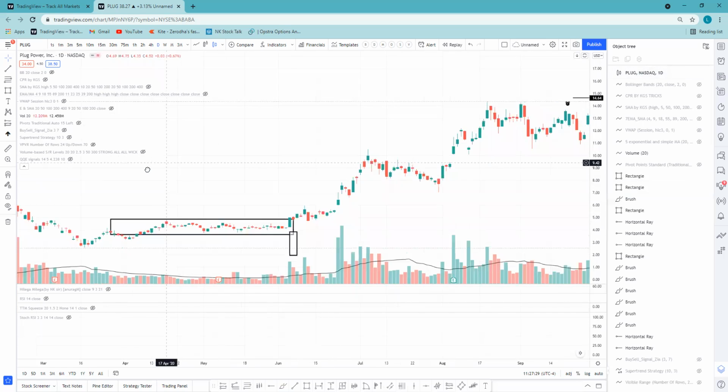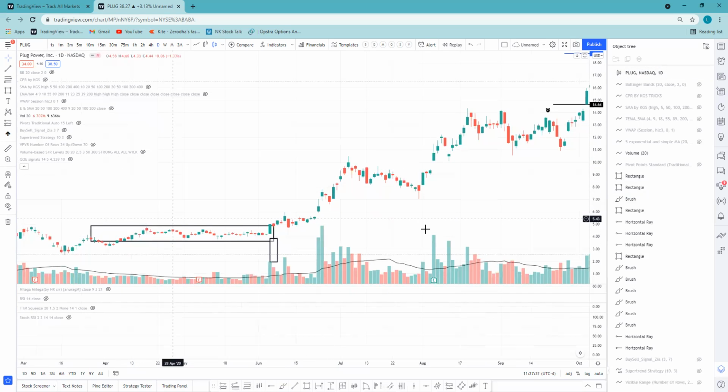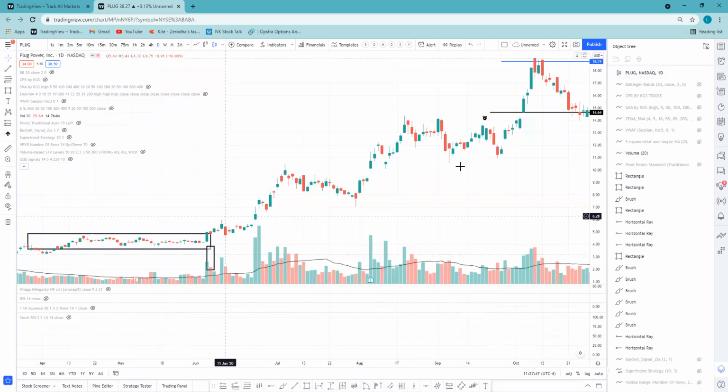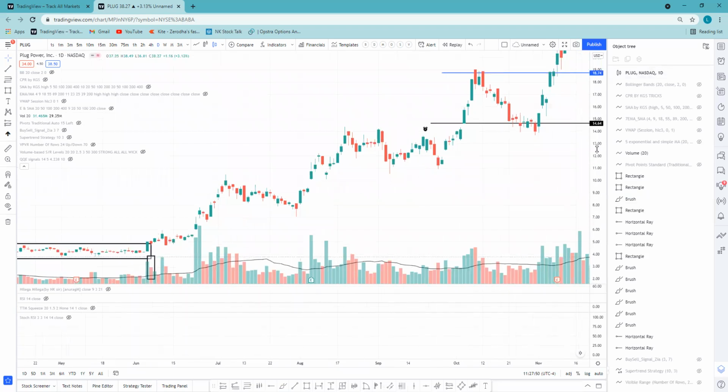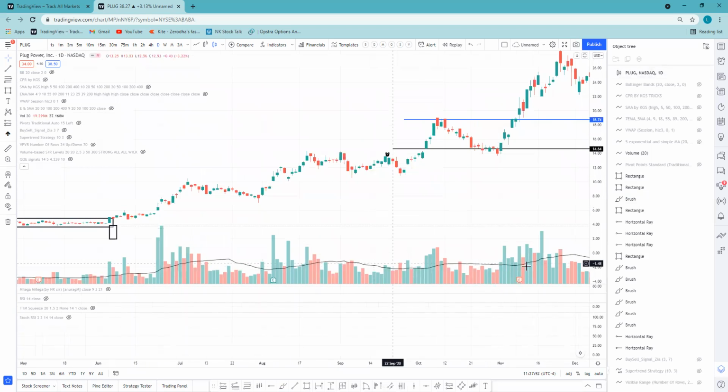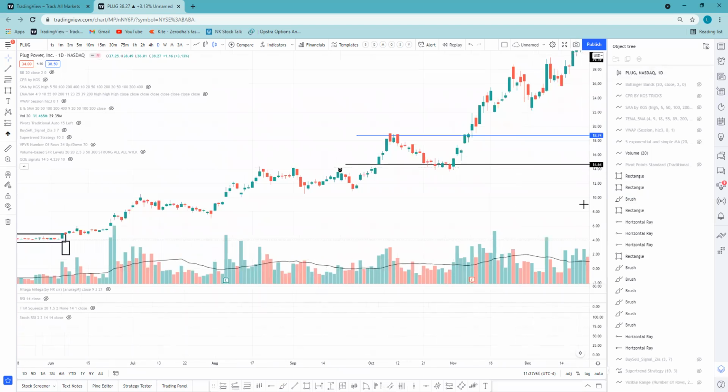If you see here, the second thing you need to remember is how the volume works. When the price is going down here and the volume is dried out, what it means is the people who bought it here are not selling it out. Okay, and let's go higher, because people bought it here too much.